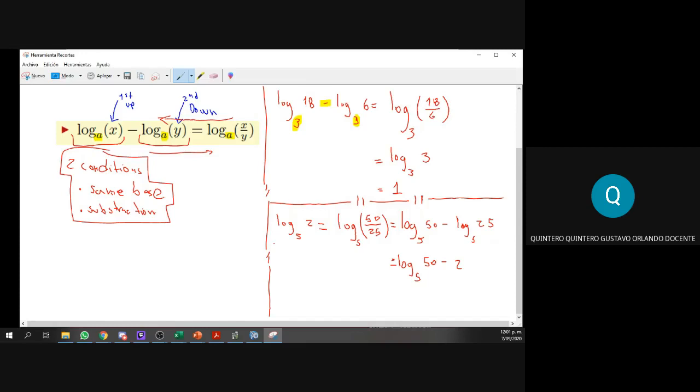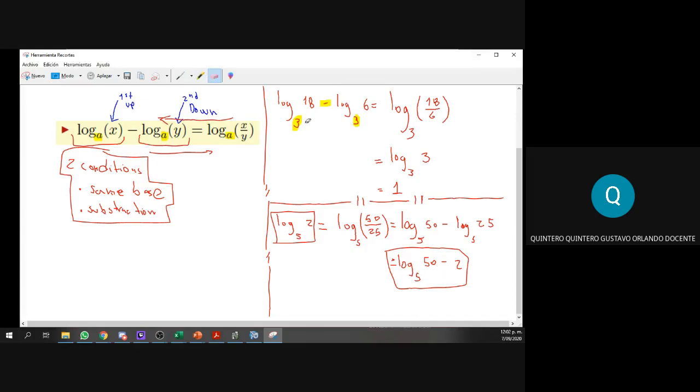So in this example, we didn't know the full answer, but we have a good approach. Again, this 50 can be expressed as 5 times 10, right? So we can expand this even further. I'm going to leave that to you guys.